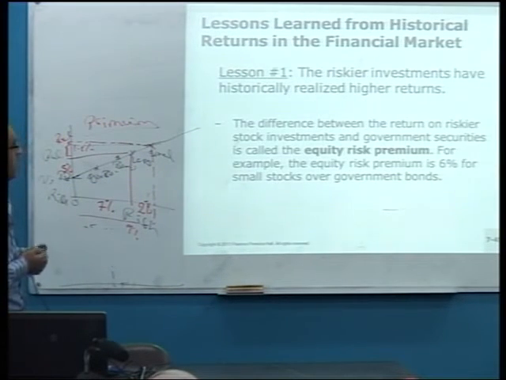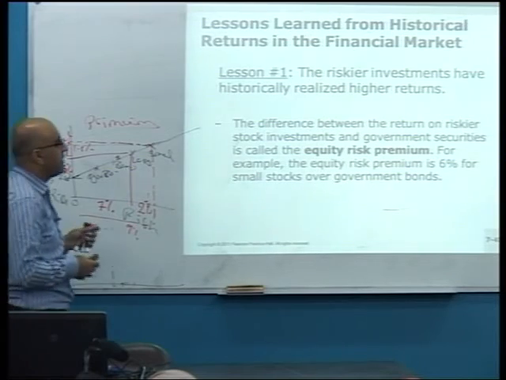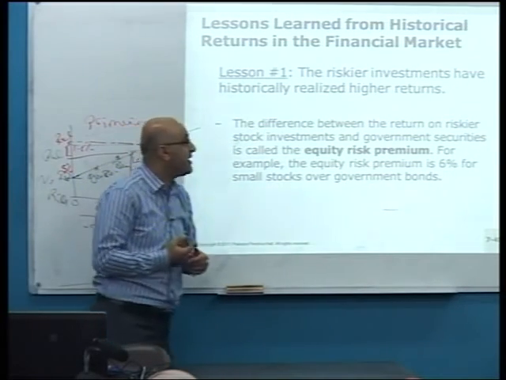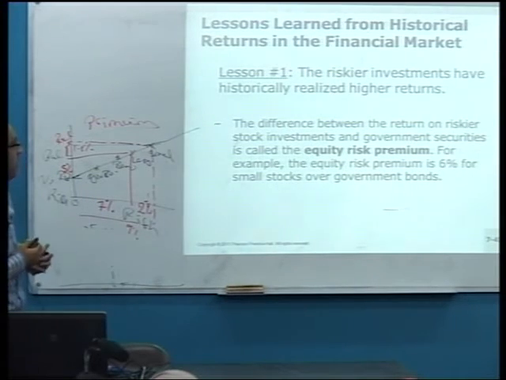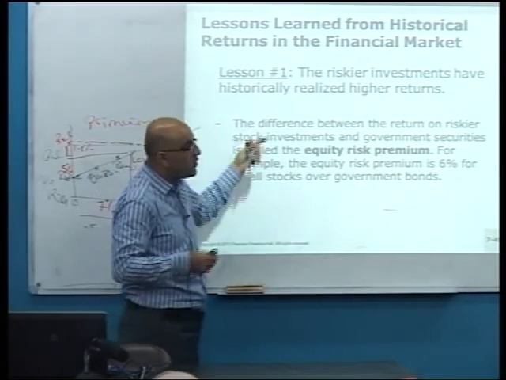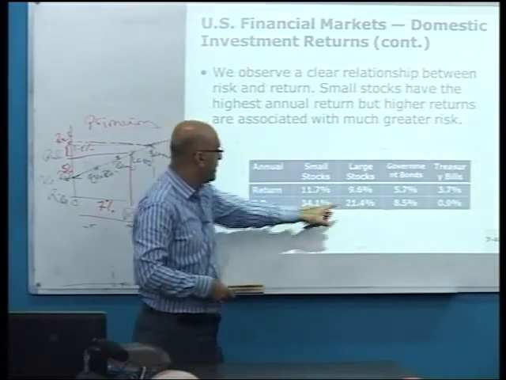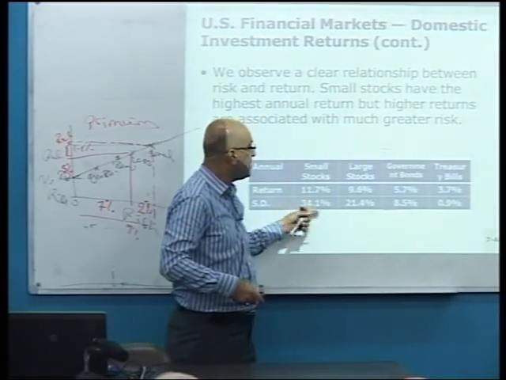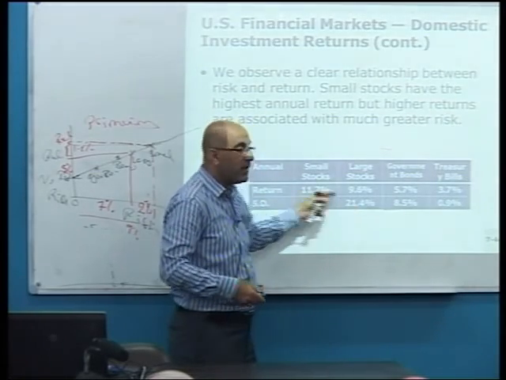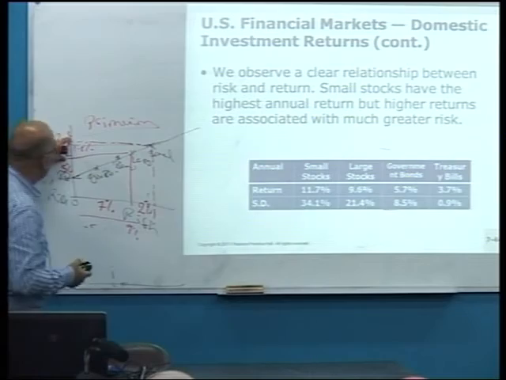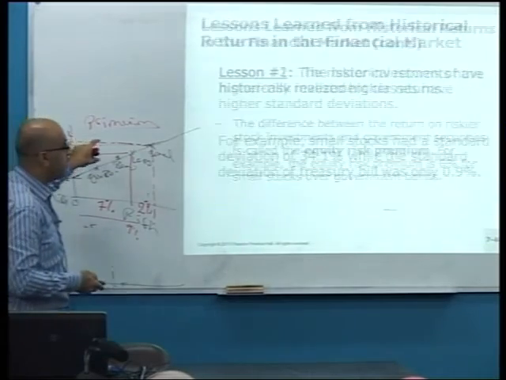Okay? So what we understand is that riskier investments have historically realized a higher rate of return. And because of the difference between the risk and return of small stocks and larger stocks, the market, as we said, should compensate us with a premium.